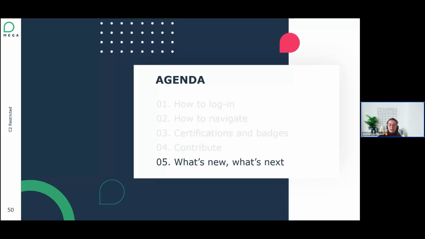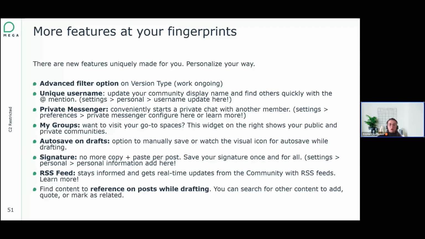Okay, what's new, what's next? I would like to share with you a couple of new features that have been released or are going to be released on the community. So a new feature that requires actually huge work is the advanced filter option.